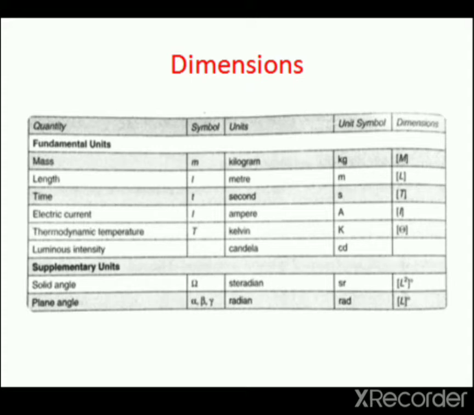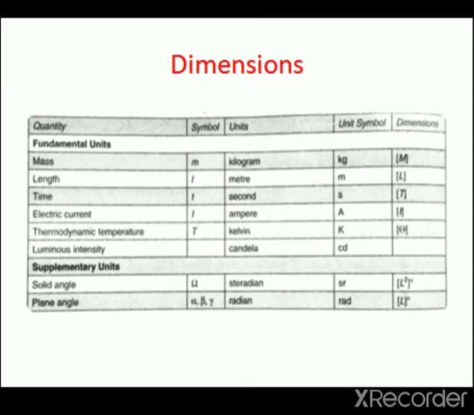The table represents physical quantities, quantity symbol, units, and their unit symbol, as well as the dimensions. The quantities are categorized into fundamental, supplementary, and derived units.